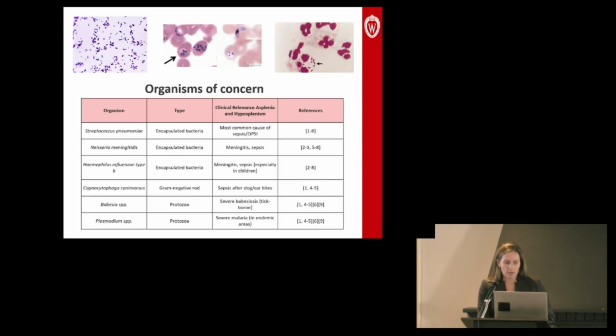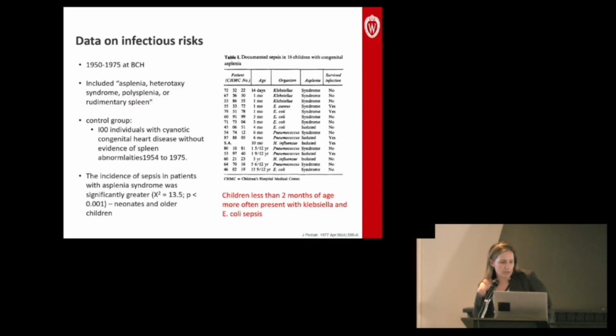We won't go over infections because Dr. McDonald reviewed that specifically, but this is something we go over with every patient so they are fully aware of the risks. The one thing I did want to mention was this paper. It's a very old paper now, but I still think it holds true. It's from Boston Children's, between 1950 and 1975, and they looked at infections in our heterotaxy patients.